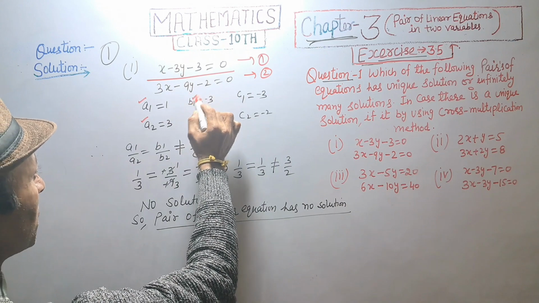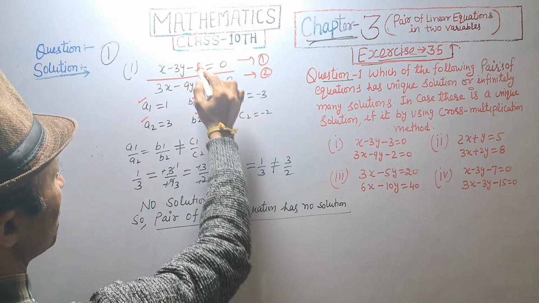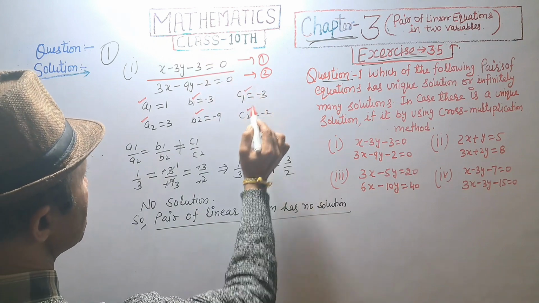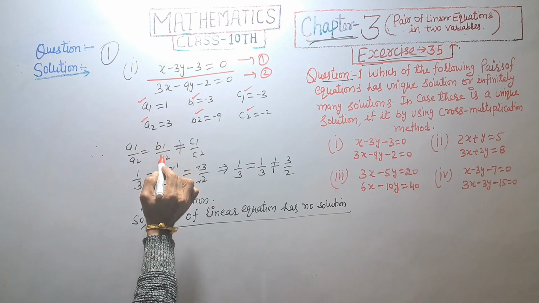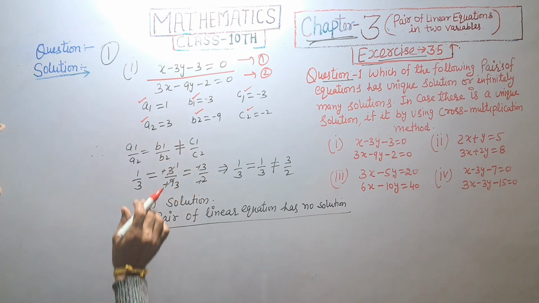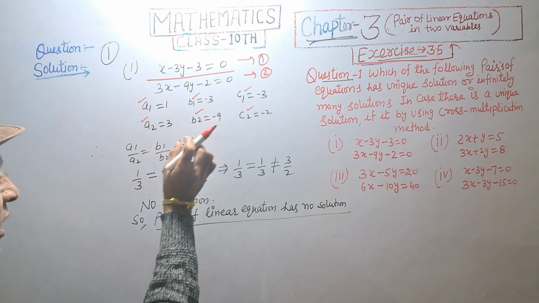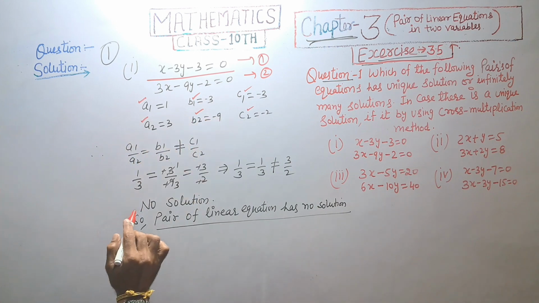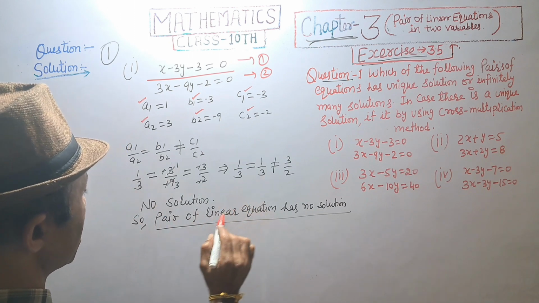Coefficient of y, first equation b1, second equation b2. Constant numbers c1 and c2. And a1 upon a2 is equal to b1 upon b2 equal to c1 upon c2. If 2 are equal and third is not equal, then pair of linear equations has no solution.